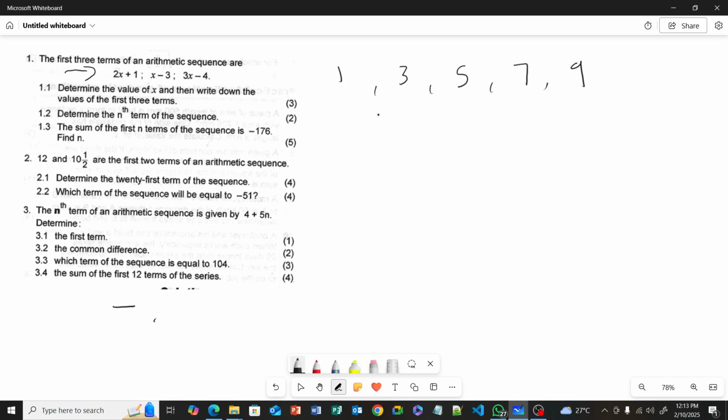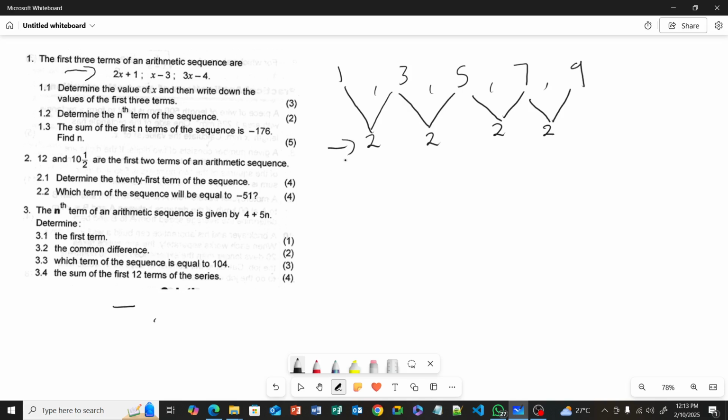What you can notice is that if you take the difference between the two numbers, if you take term 2, you subtract term 1, the difference will be 2. If you take term 3, you subtract term 2, the difference will be 2. If you take term 4, you subtract term 3, the difference will be 2. If you take term 5, you subtract term 4, the difference will be 2. So they have a common difference.